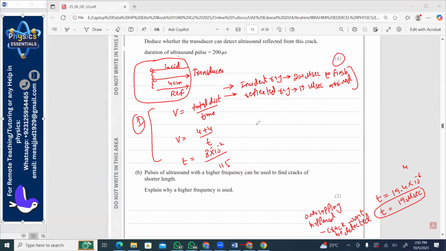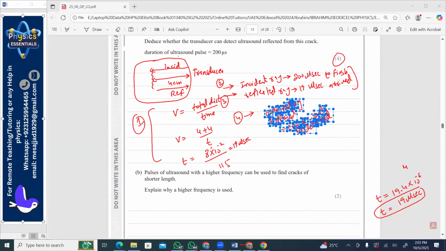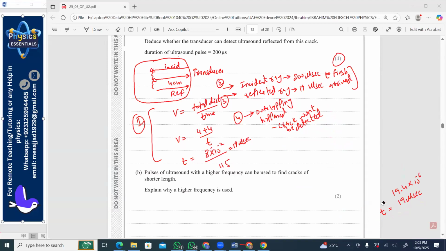Yeah, so this is the second point, this is the third point, and this is the fourth one in the end. And the fourth point is simply this one, okay? So this is how you need to write the answer in the exam for these 4 marks, okay? But I took some time to explain that.